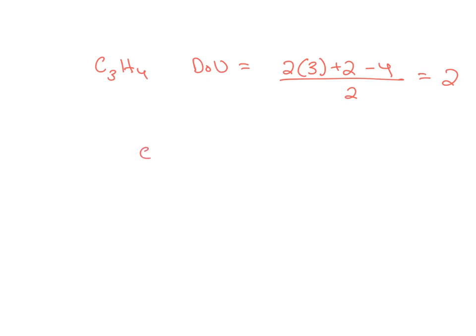So we could achieve that by having an alkyne, we could have another allene where the double bonds are directly next to each other. They're not interspersed with a single bond. Or we could have a cyclopropene where you have the 3-membered ring with the double bond in it.